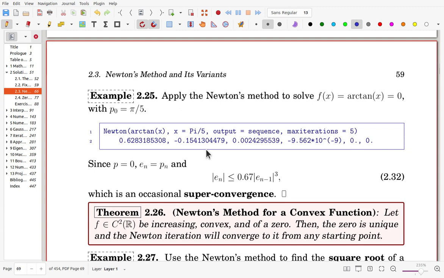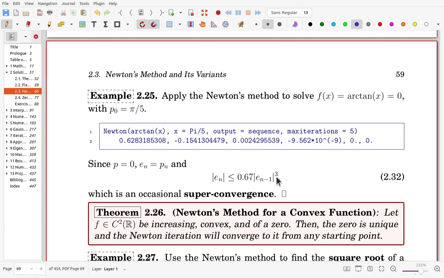Here we check the detail. With 10-digit accuracy it is 0, but when I print out the detail, I found that En is bounded by 2/3 times En minus 1 cubed. This has third order convergence, so cubic convergence is obtained.